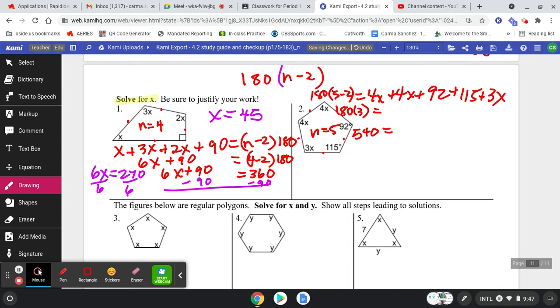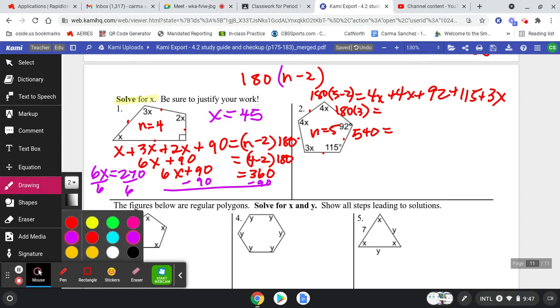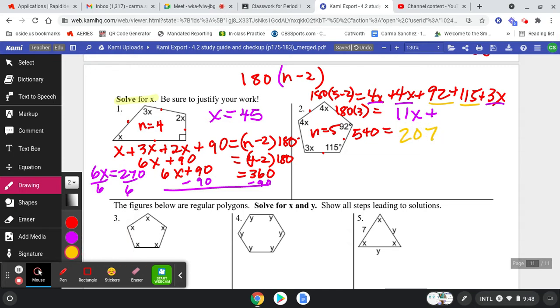Over here, we're going to combine like terms on the right-hand side. We've got 4 plus 4 is 8, plus 3 is 11 x's. And then 92 plus 115. Grab your calculators and add that up. Getting 207.